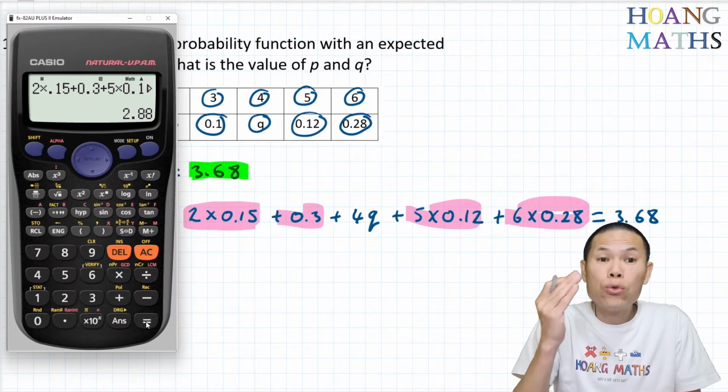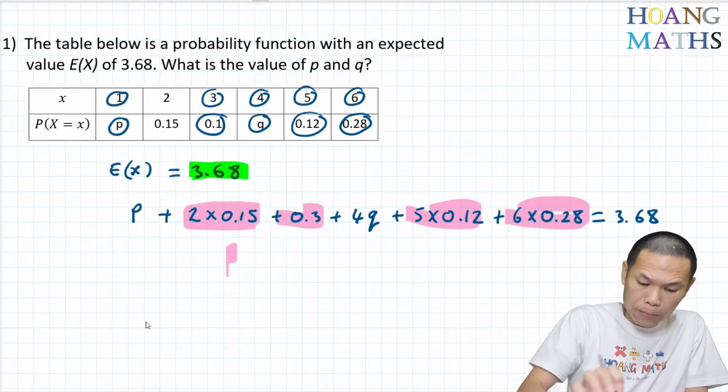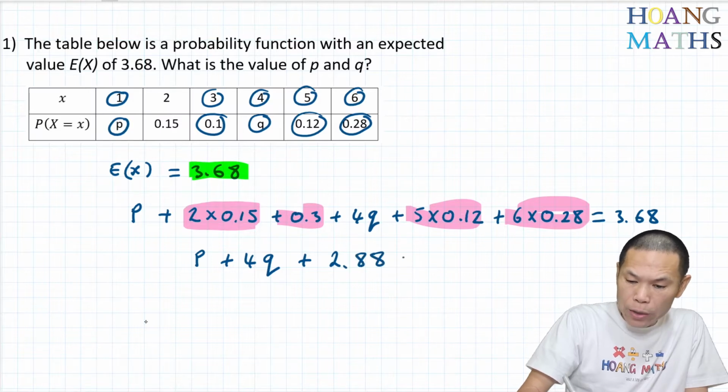So that is 2.88. So let me just write this down. So we have P plus 4Q plus 2.88 will give me 3.68.